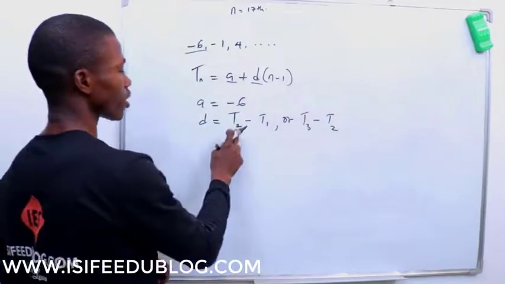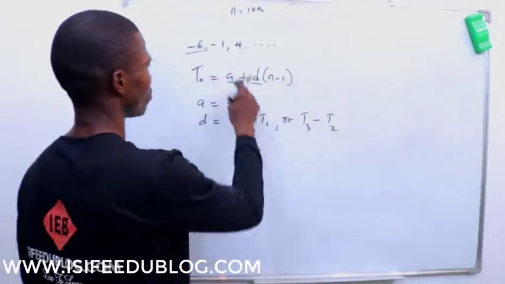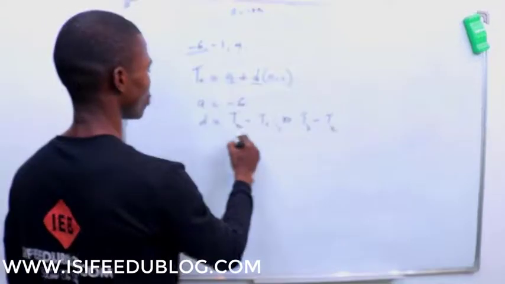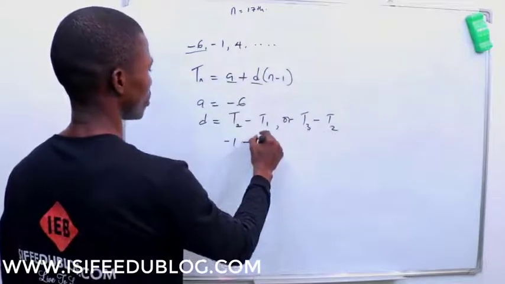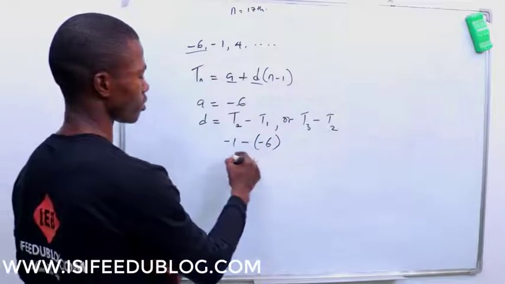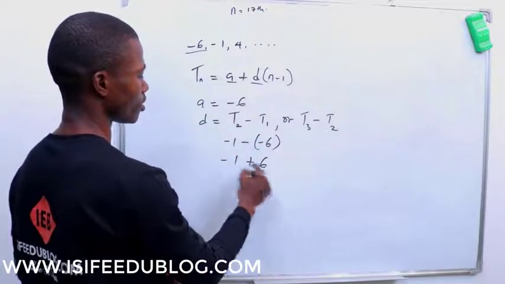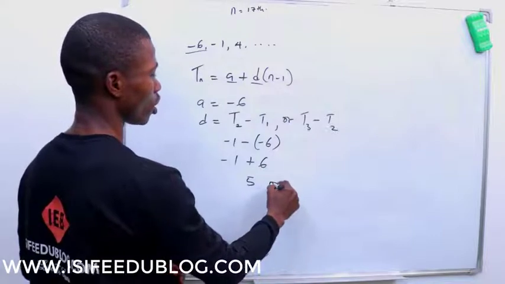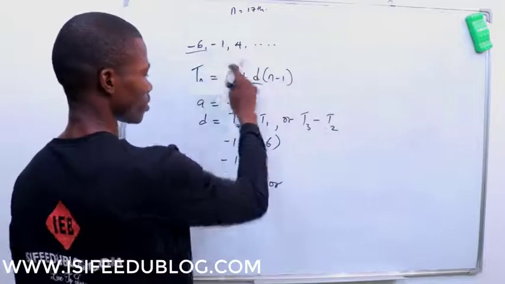The second term is minus 1 minus, in brackets, minus 6. Minus times minus is plus. That is minus 1 plus 6, which will give us 5.